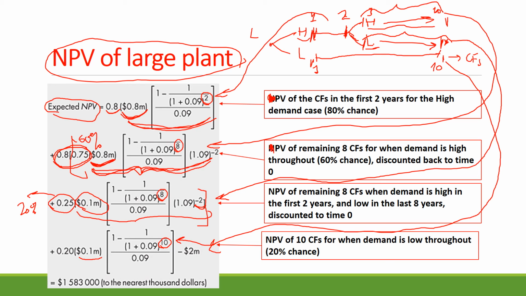Our first cash flow is in year 1, so this is just a normal annuity. The probability of this scenario is 20%, so we times it with 20%, right? We then deduct the initial investment for the large plant, and we get the NPV for choosing the large plant.